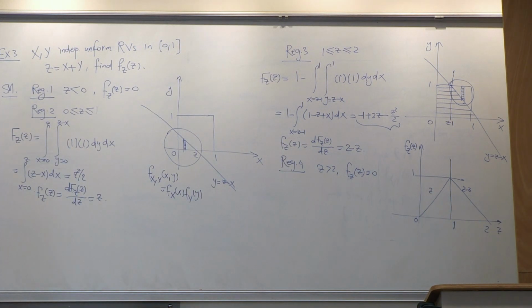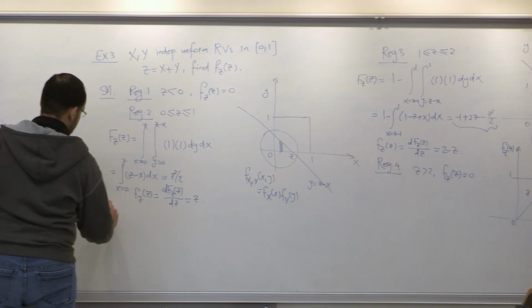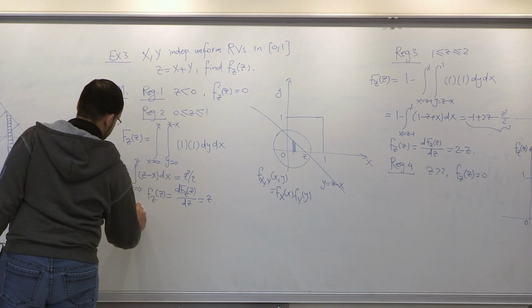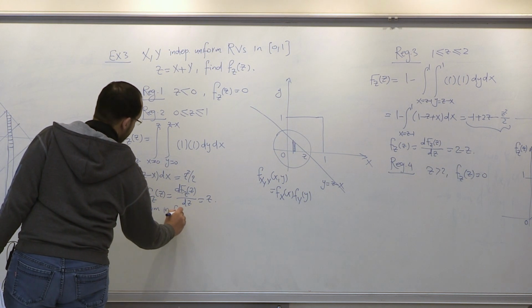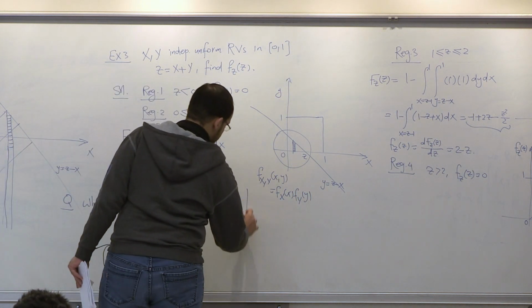The last question in the first lecture that we want to do together is, what if the random variable y is uniform in 0, 2 instead of 0, 1?